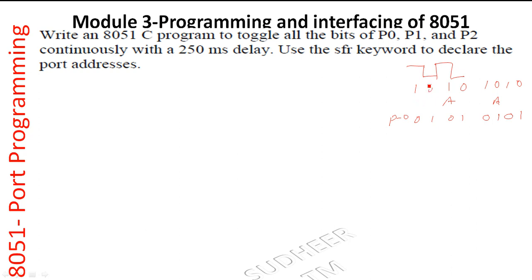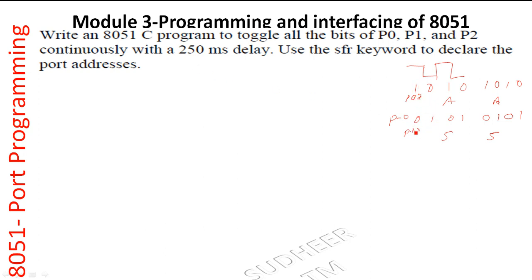Similarly, you should write the same data to port 1 and port 2. First write AA, second write 55. AA makes 1 0 the first time, so for example this is P0.7. For about 250 milliseconds, P0.7 is logic high.